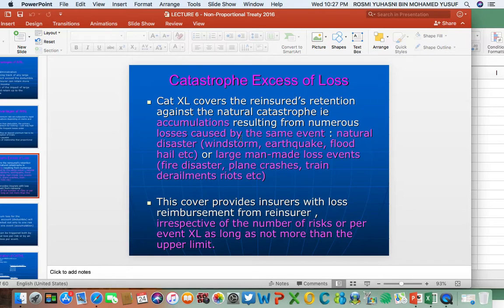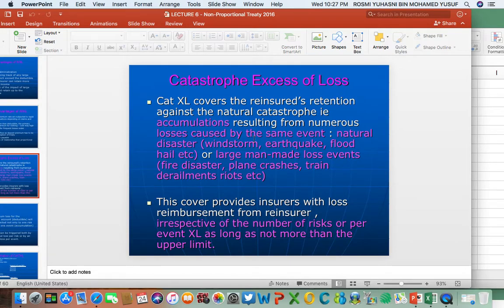Or, if it is not caused by natural disaster, catastrophic losses might also result in several losses from a non-natural disaster type of event, such as a large man-made loss event. For example, fire, which might be caused by negligence, transportation crashes involving planes, buses, lorries, cars, trains, and riots and things like that.